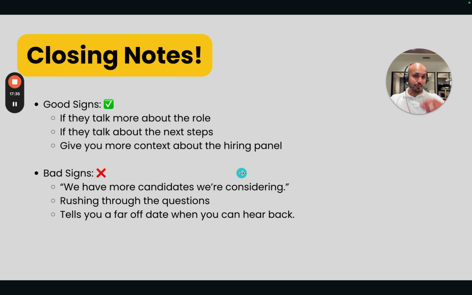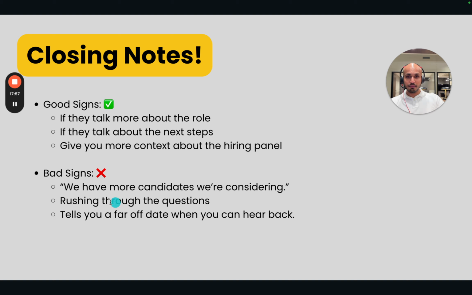A bad sign is whenever they say, oh yeah, thank you for your time, yes, we will let you know, we have more candidates that we are considering. That's a big no no, because recruiters want to move fast. If they have decided on the candidate, they don't want them to know that, hey, we are considering other candidates. They don't want to lose their top candidates.